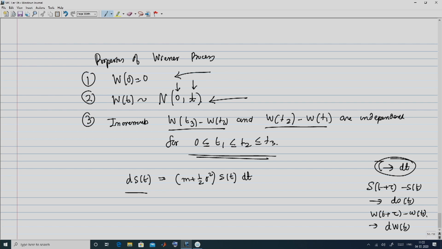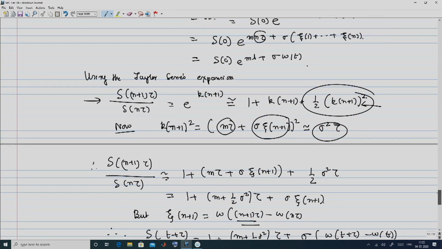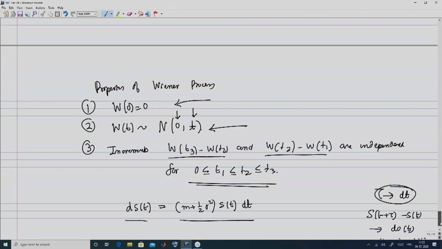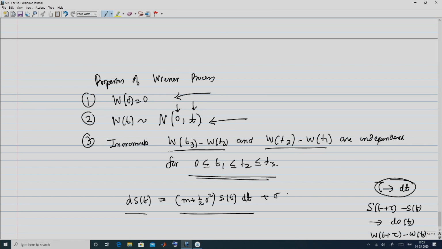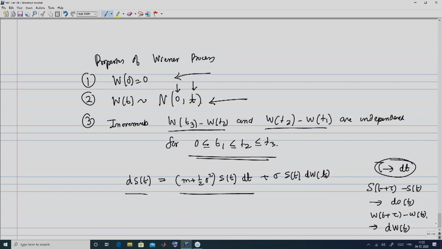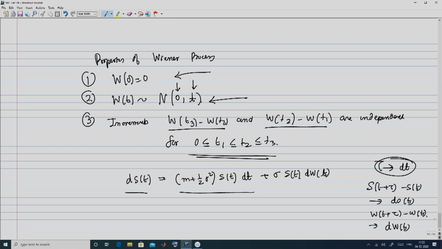So, this becomes (m plus half sigma squared) S(t) dt plus sigma S(t) dW(t). And this S(t) which shows up on both sides is because we had S(t) in the denominator: we had S(t+tau) minus S(t) over S(t), so that has come to the top part.